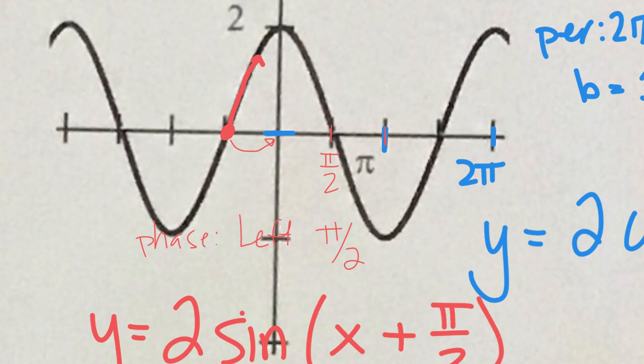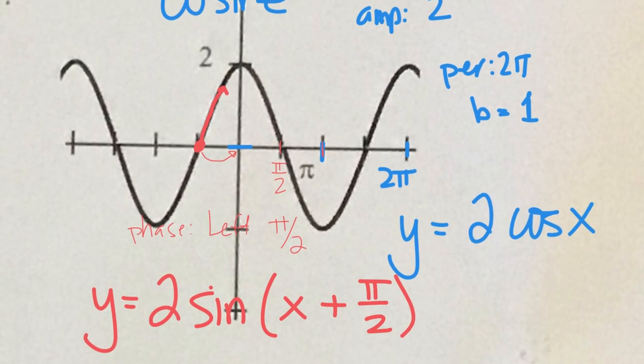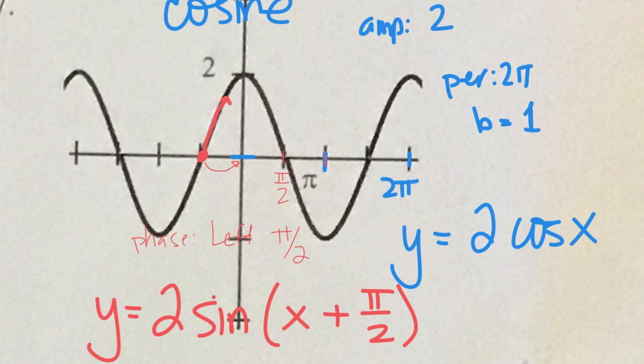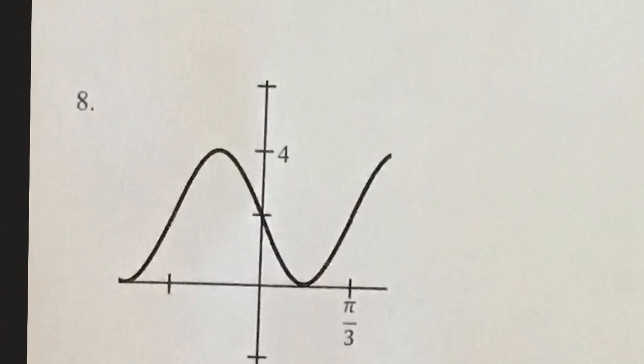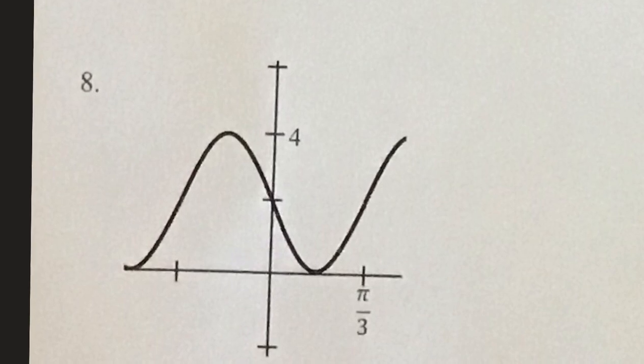So here are your 2 graphs, right? Your natural cosine graph does not have a phase shift, and your unnatural sine graph does have a phase shift. Okay? All right, last example. Here we have, well, the question is, what graph is this most natural for?